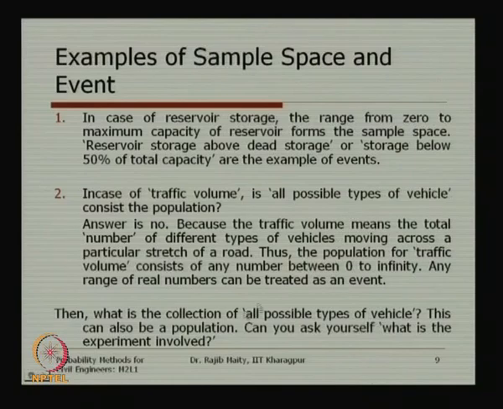Now if I ask what is the collection of all possible types of vehicle, can this not be a population? The answer is yes, this can also be a population. So you can ask yourself, what is the experiment involved if this is the population?